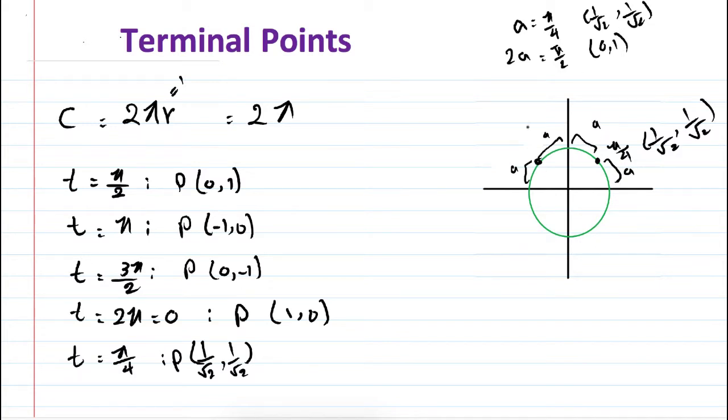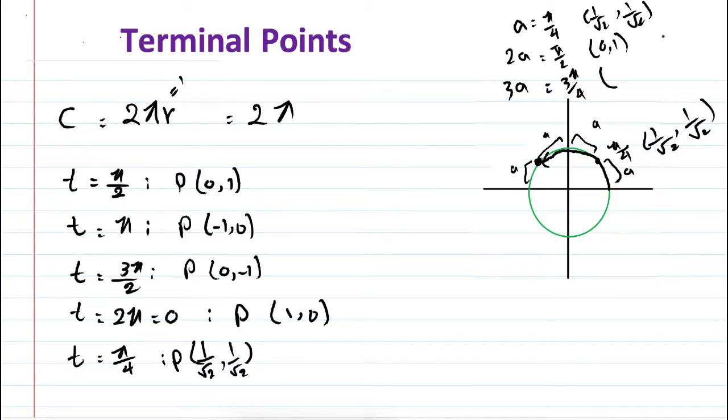How about 3a? Right here, if I travel this much, I have a terminal point at 3a. If this is pi over 4 and this is pi over 2, this will be 3 times pi over 4, so 3 pi over 4. So 3a equals 3 pi over 4. It will have the same terminal point, however, depending on whether x or y is negative or positive, the sign will change.